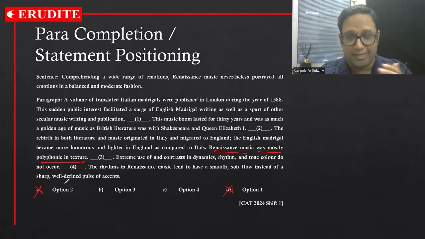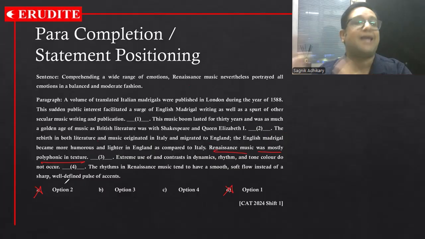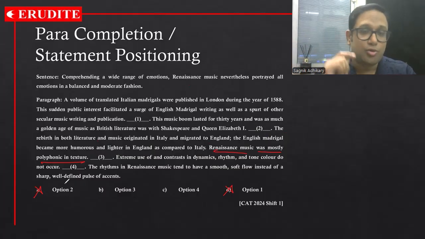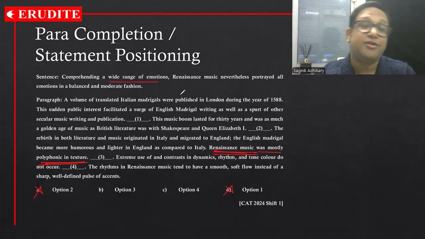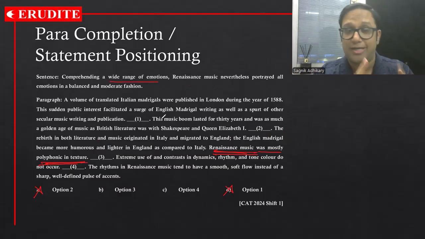So polyphonic means having multiple types of sounds. Here, not only do we introduce the idea of Renaissance music in general, but also the polyphonic nature of it, which can then correlate with comprehending a wide range of emotions. Remember, poly, multiple, wide range of emotions.